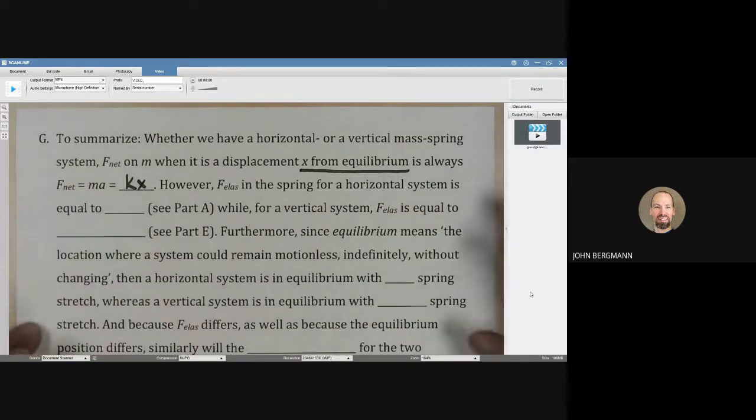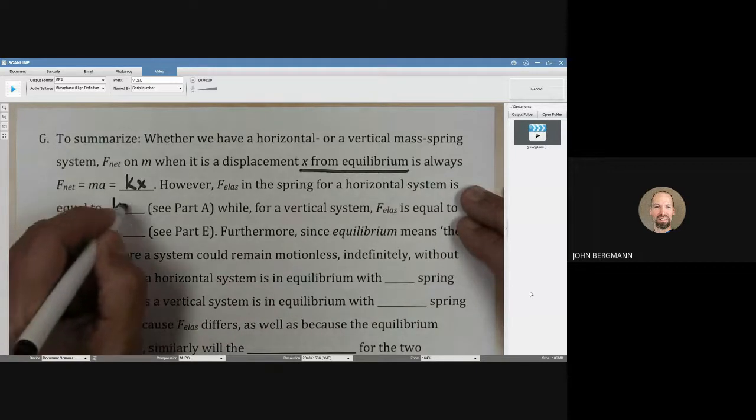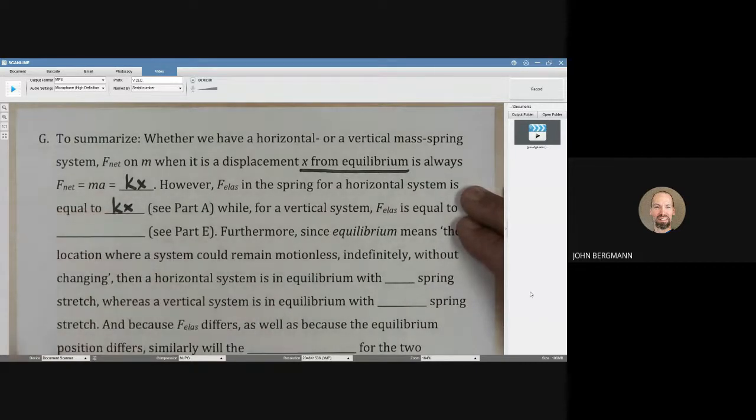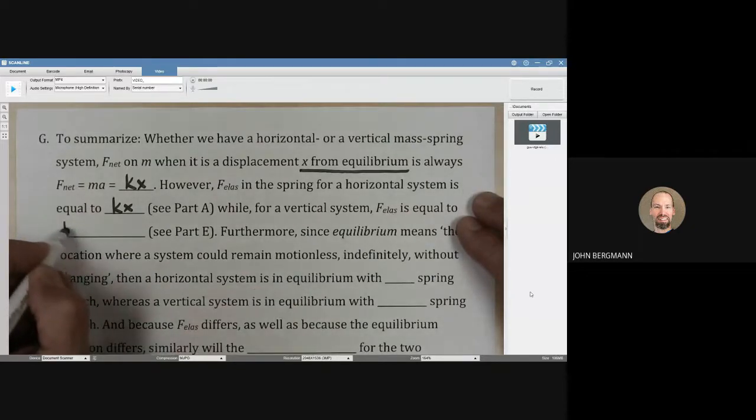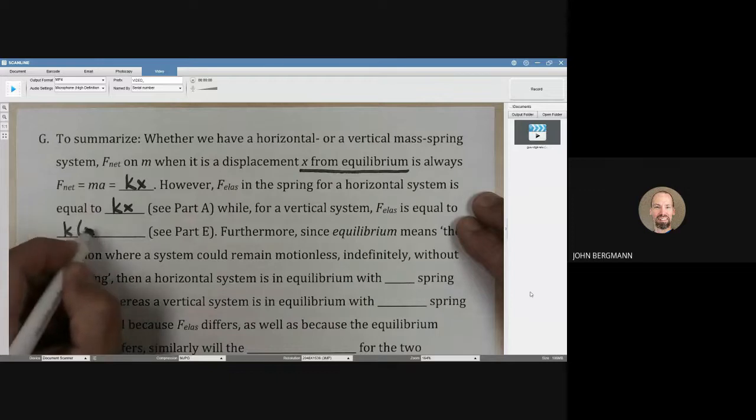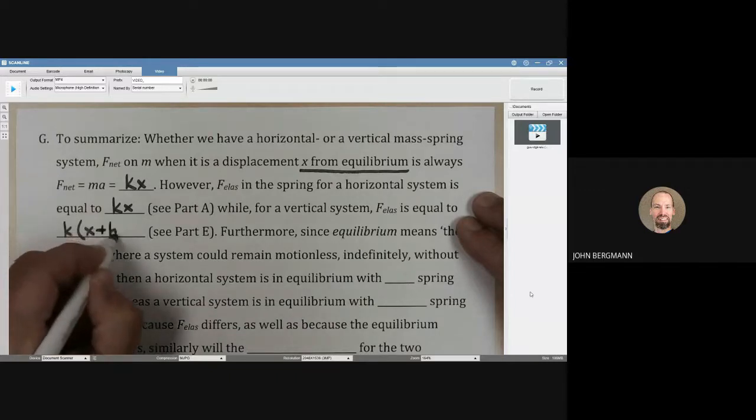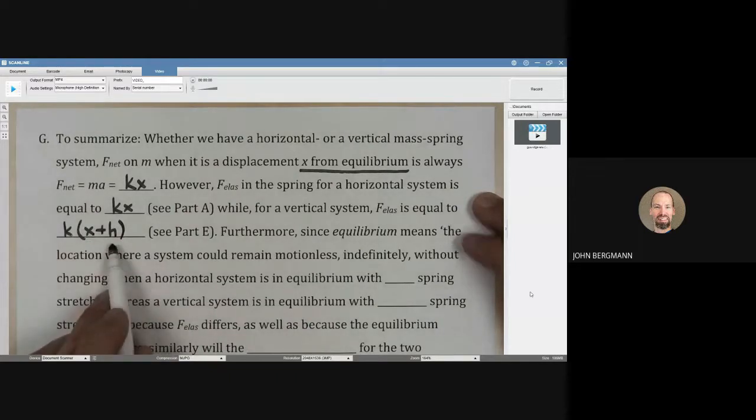However, F elastic in the spring for a horizontal system is equal to k times x. See part A, that's what we did. For a vertical system, it's equal to k times the amount of stretch plus the equilibrium stretch when the mass is hanging at rest.